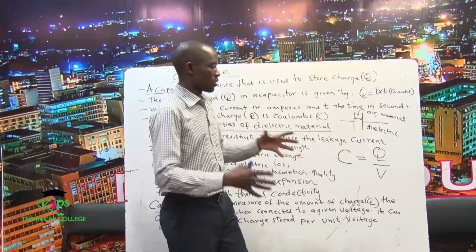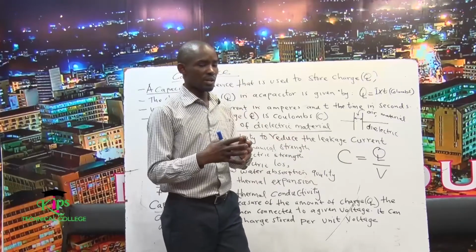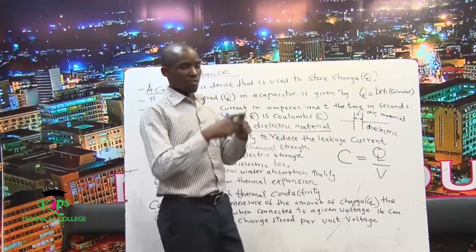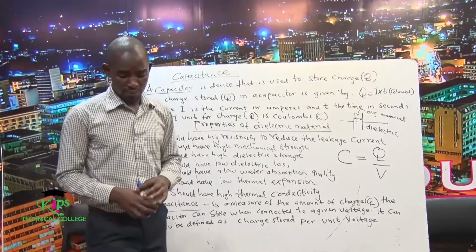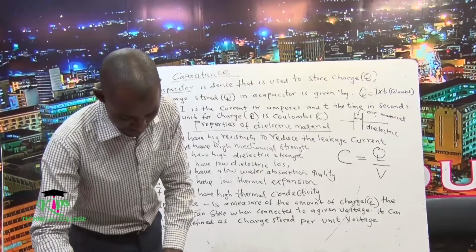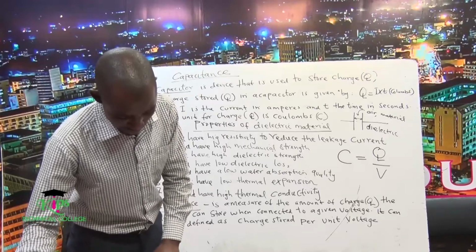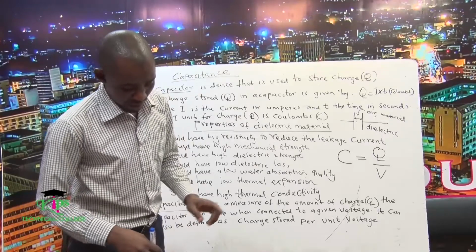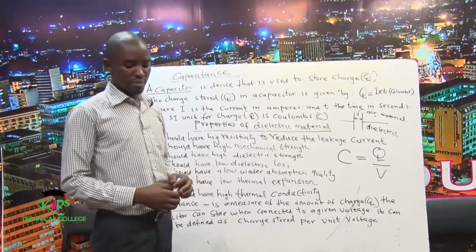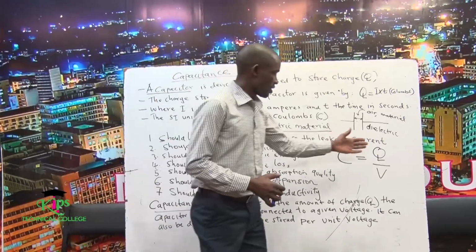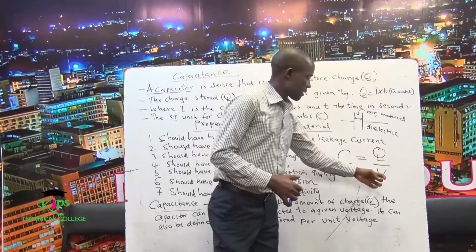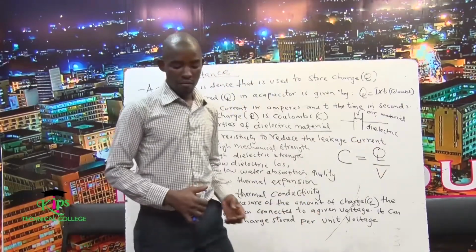So it is the ratio between the charge stored against the voltage of that particular circuit. Having put up all those definitions, we now want to move deeper into the formulas. I've said capacitance is given by the charge stored per unit voltage, and obviously you know Q represents charge, V represents voltage.